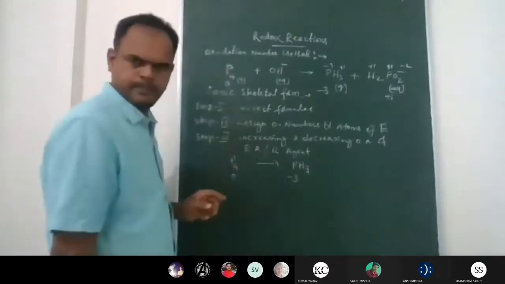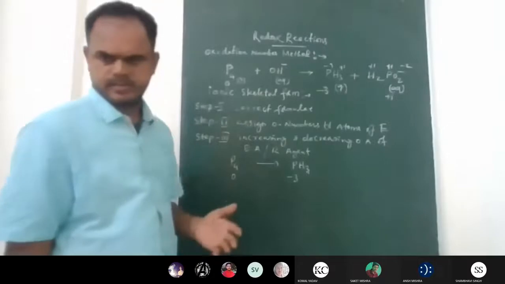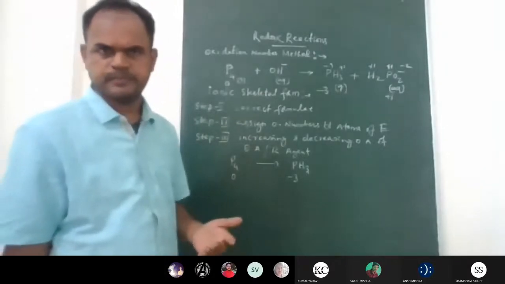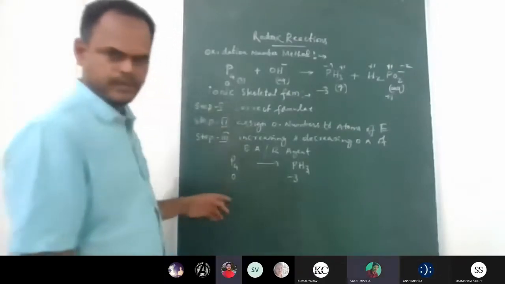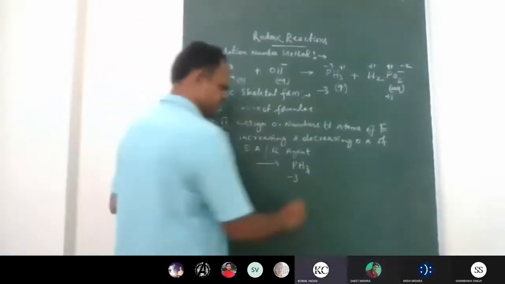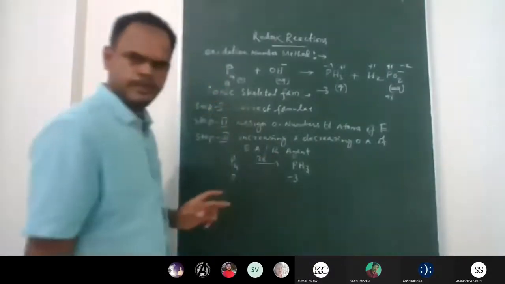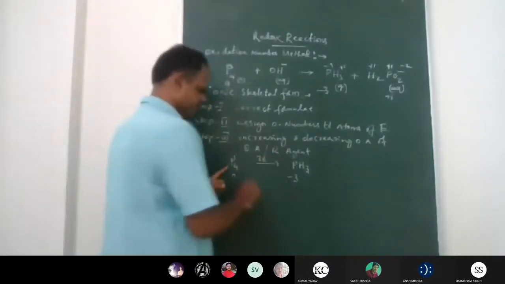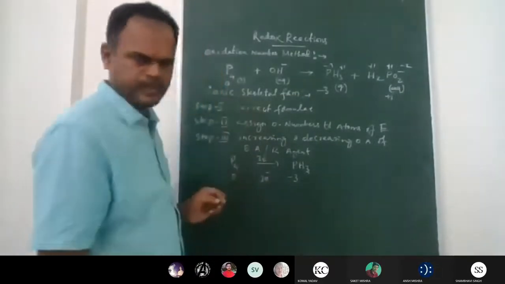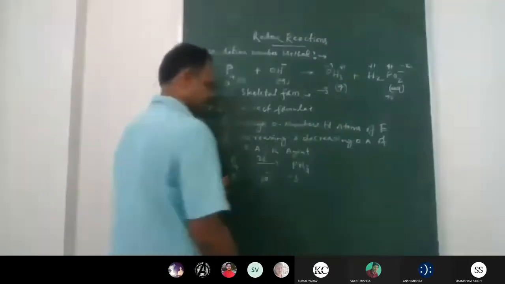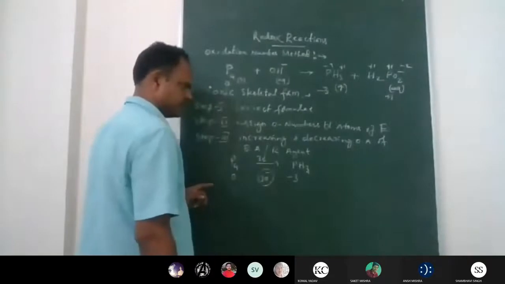Is that gaining or losing? Gaining. How many electrons? 3 electrons. So P4 gains 3 electrons to become the -3 phosphide ion in phosphine.